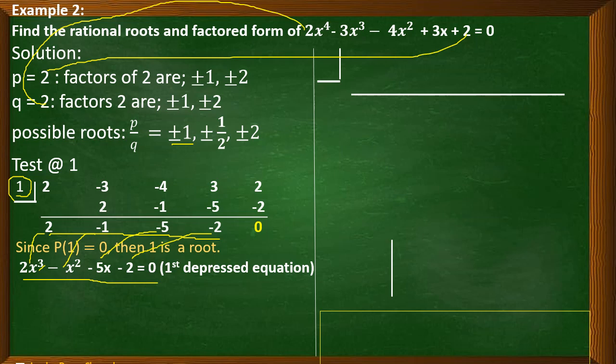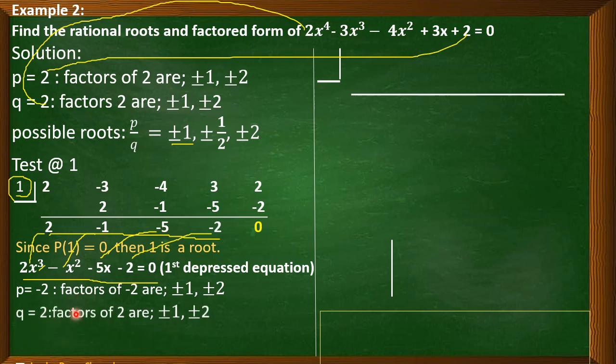So since we already have the depressed equation, we can now determine the possible roots for this equation. So determine again the value of p. So we have here negative 2. And the factors of negative 2 are plus minus 1 and plus minus 2.